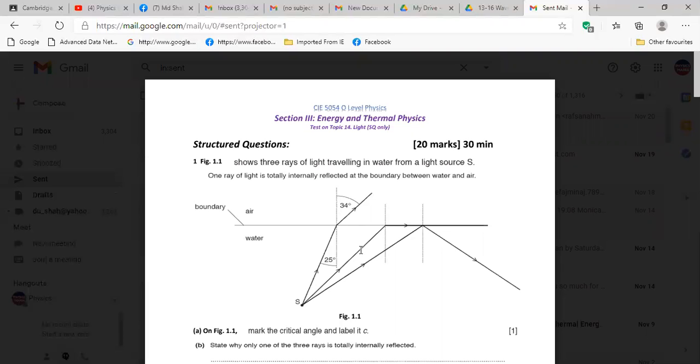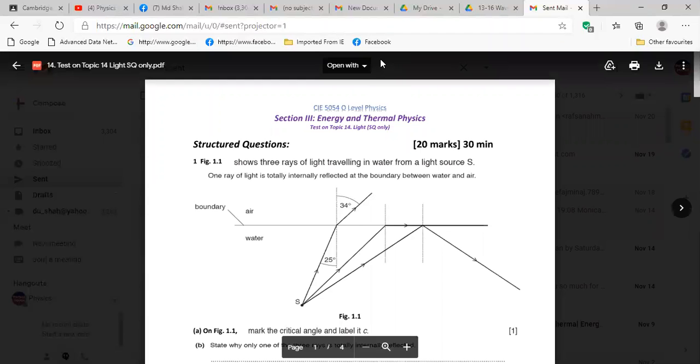Very good. Then we call this the critical angle if the angle of refraction is 90 degree, right? Yes, sir. So in which one you have 90 degree? Angle of refraction, this one, right?